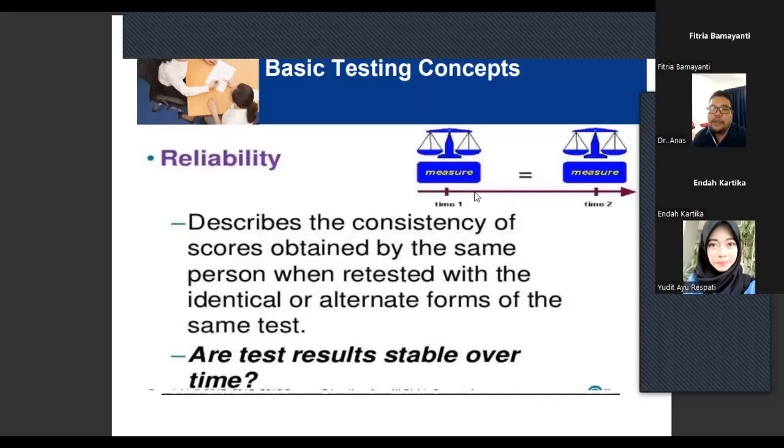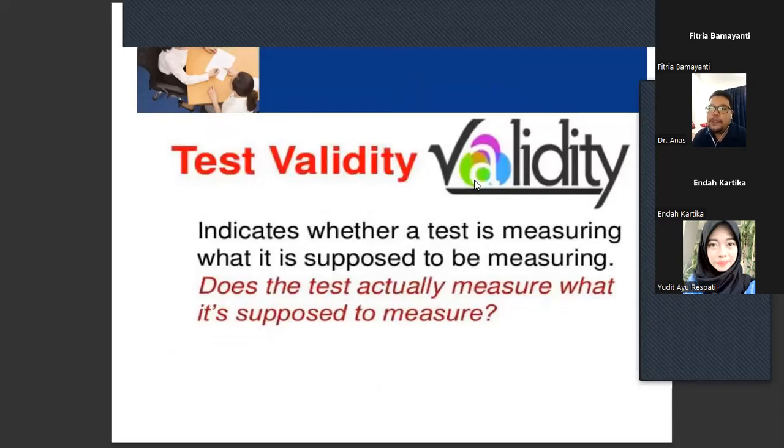The second basic testing concept is test validity. Before that was reliability, comparing two or more candidates. The second, test validity, indicates whether a test is measuring what it is supposed to measure. Does the test actually measure what it is supposed to measure?